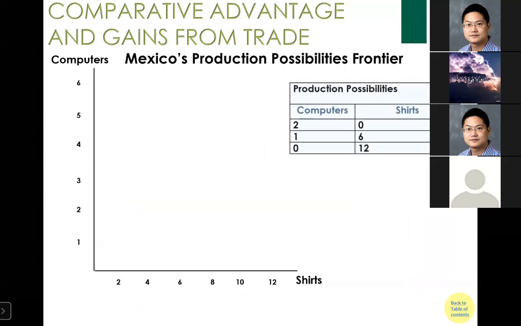So now, given this information, we are ready to plot the PPF for the Mexican economy. Again, this is a fictional, simplified, highly stylized economy. Now we start with this table, which we have seen before.